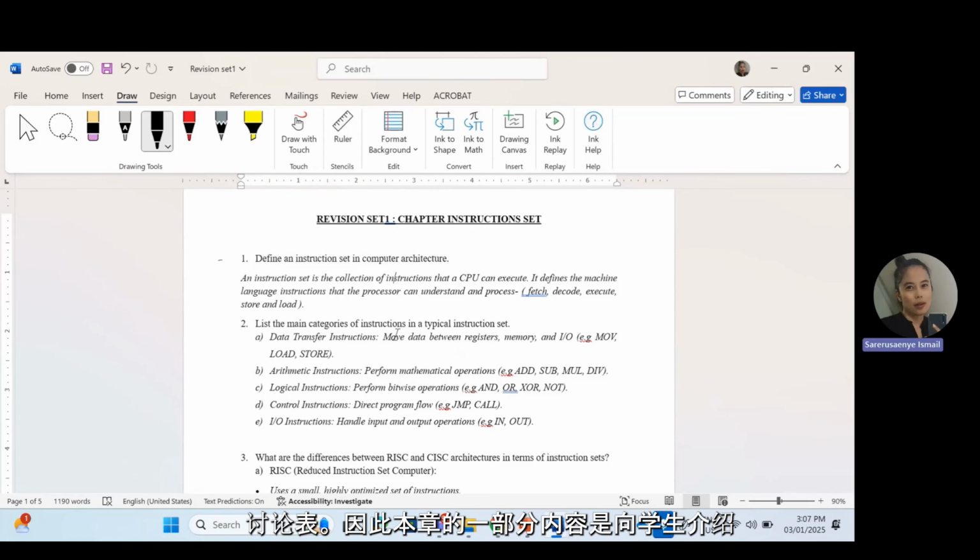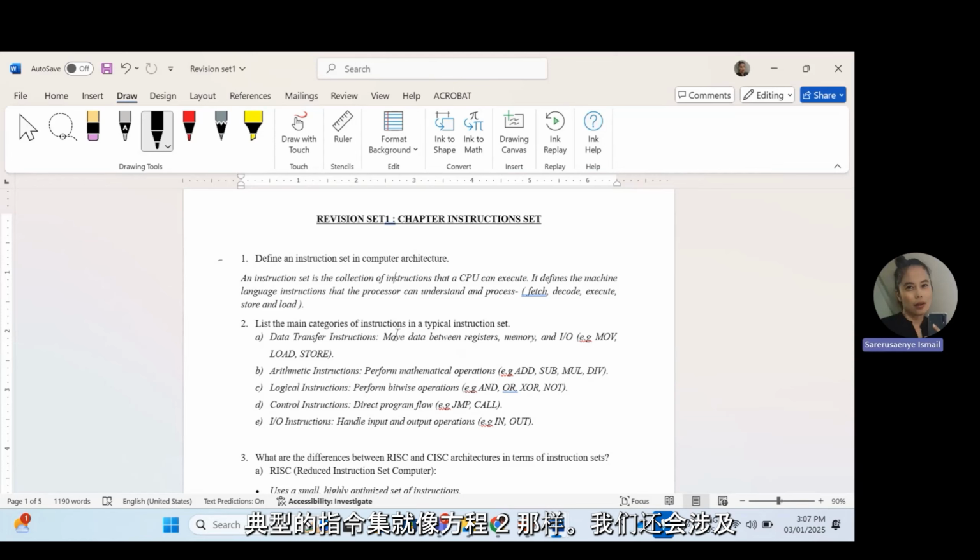I introduced the discussion table to you at that time. So a part of this chapter introduces the student to complex instruction set, reduced instruction set, and their features. We also learn about the very typical instruction set, as in question number 2.